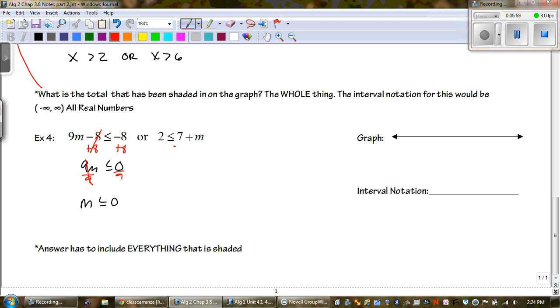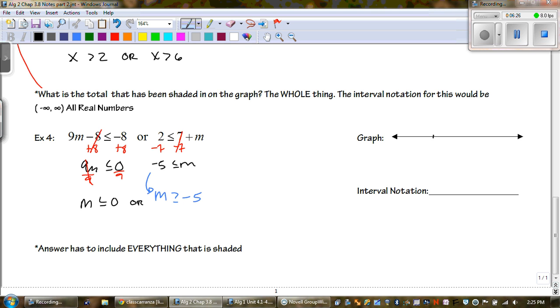On the right side, we have to subtract 7 from both sides, and we get negative 5 is less than or equal to m. We need to rewrite it, so we have m and negative 5, and it's pointing at the 5, so I'm going to make sure it stays pointing at the 5. So I got m is less than or equal to 0, or m is greater than or equal to negative 5.